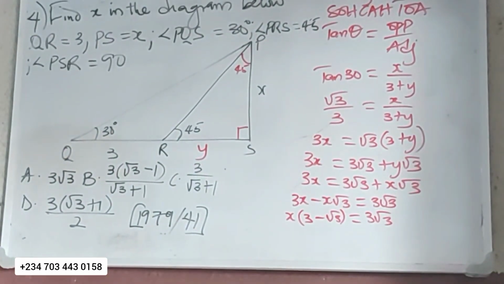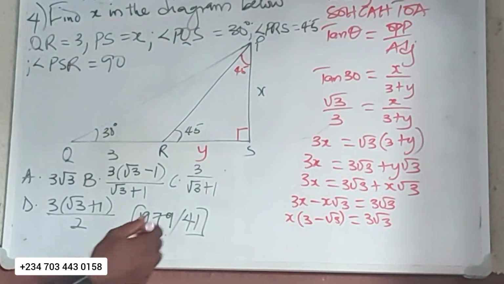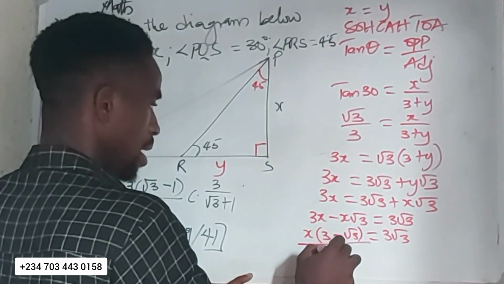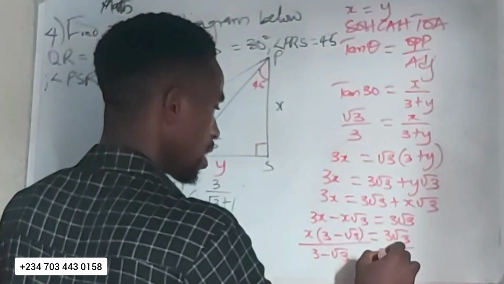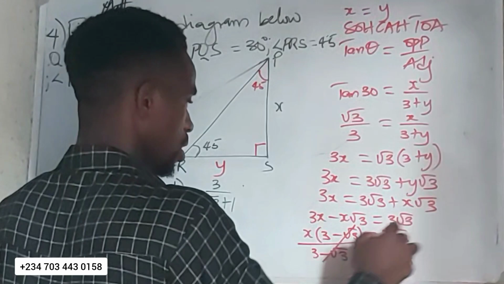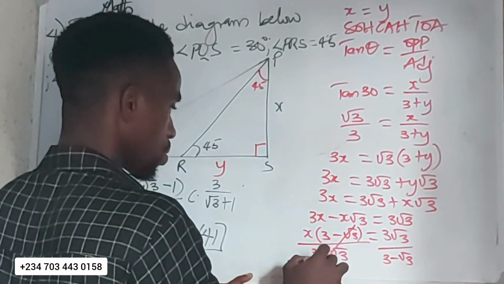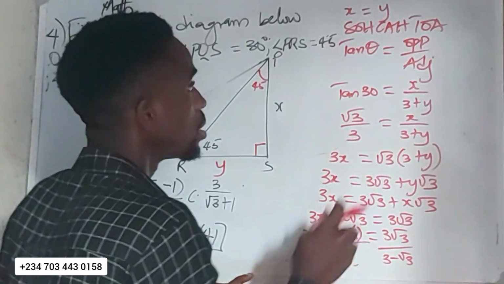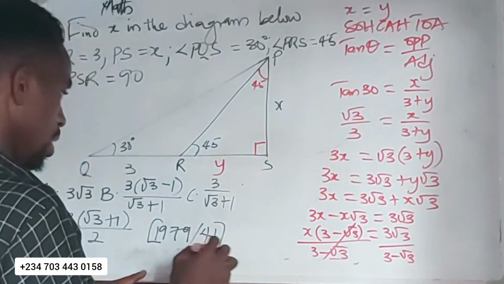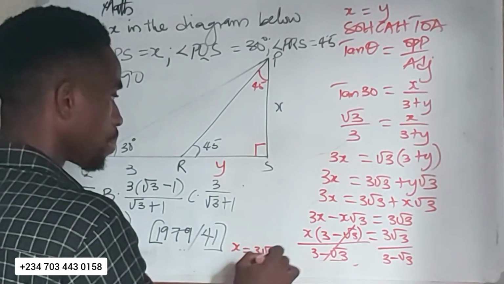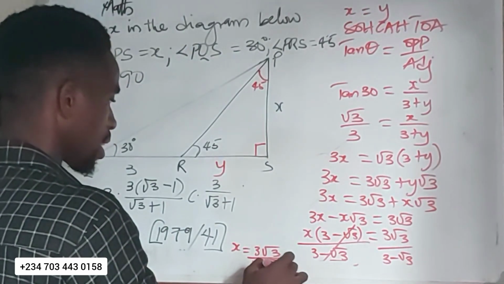And then we divide through by the coefficient, which is 3 minus root 3 over 3 minus root 3. And that will give us that x is equal to 3 root 3 upon 3 minus root 3.